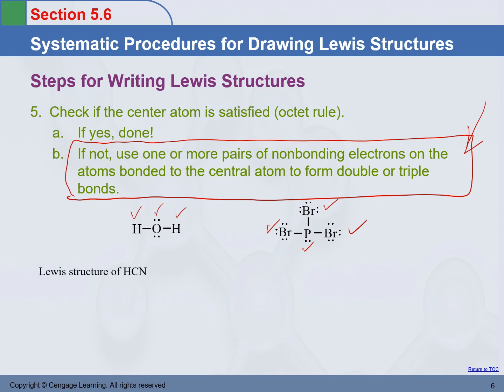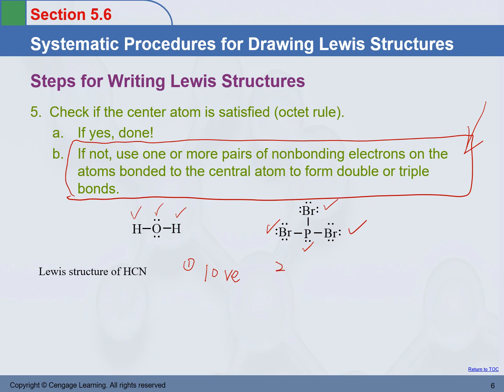Let's do a Lewis structure of hydrogen cyanide. Let's follow steps. Step number 1, total number of valence electrons. Hydrogen 1, carbon 4, nitrogen 5. 1 plus 4 plus 5, 10 valence electrons. We need to use 10 electrons to make sure everyone is happy.